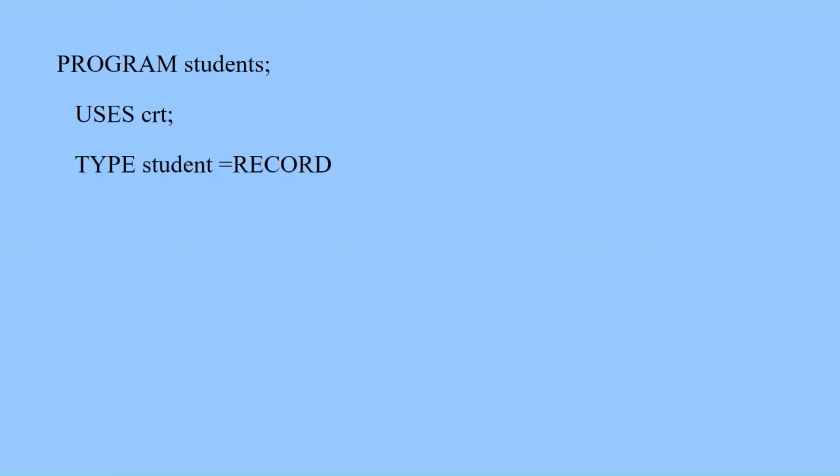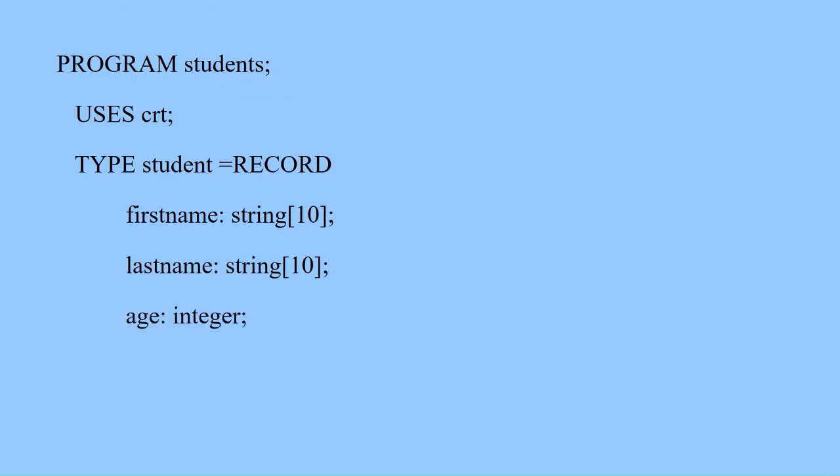We also define a record. So type student equals record, first name, type string, then characters, last name, string, not exceeding 10. Then age, type integer, average score, type real, end.